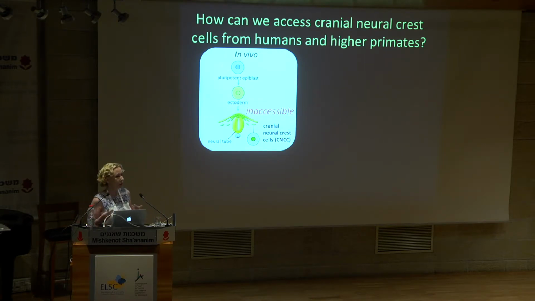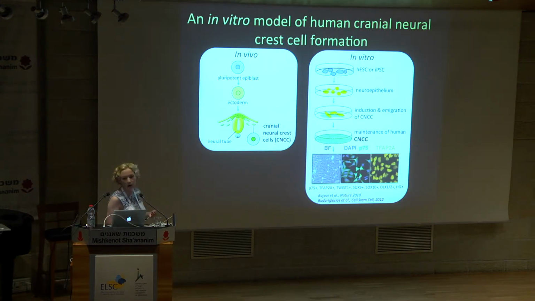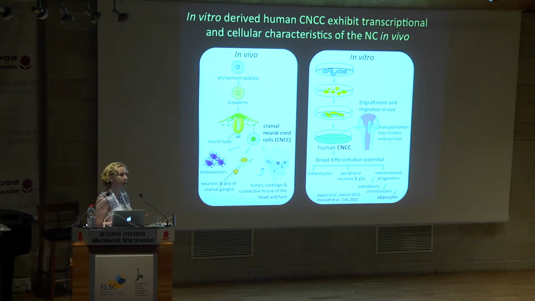Of course, in the embryonic context, these cells are transient, arising about 3 to 6 weeks of human gestation. They're highly inaccessible. So we had to learn how to derive them in vitro, and over the last years my lab and also Lawrence Studer's lab and a few others developed protocols where, by mimicking natural developmental progression in vitro, we can derive cells that have molecular characteristics of the bona fide cranial neural crest cells, but also cellular characteristics.